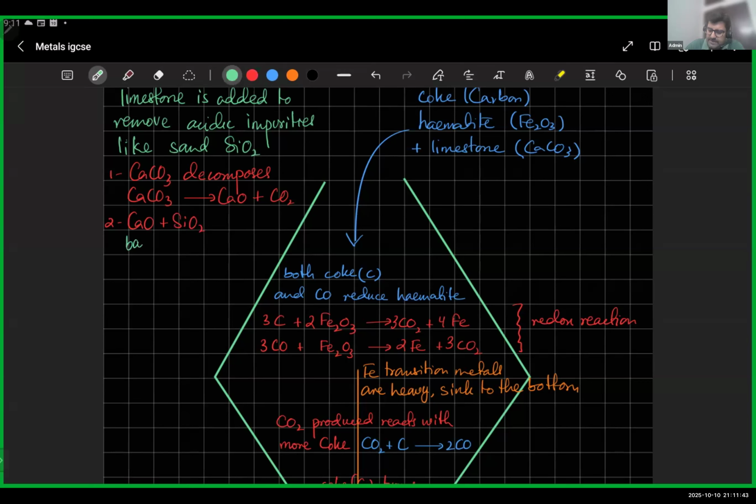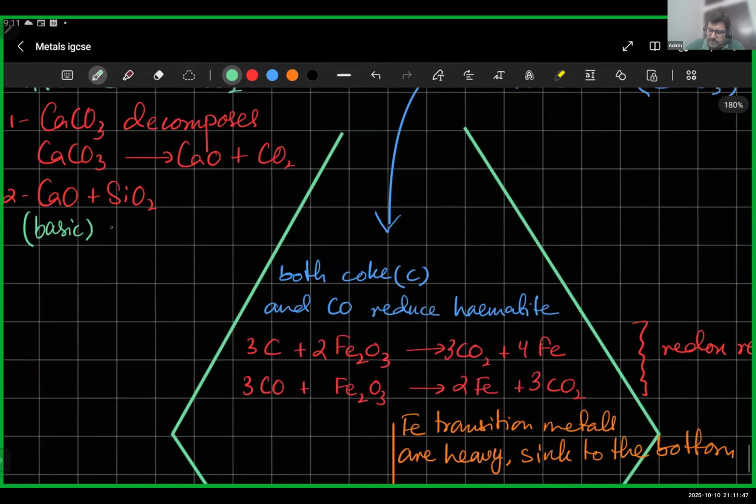So you have a basic metal oxide and you have an acidic non-metal oxide. Remember this, metal oxides are basic, non-metal oxides are acidic, and they end up forming CaSiO3, which is called slag. So this one is called slag, or calcium silicate.